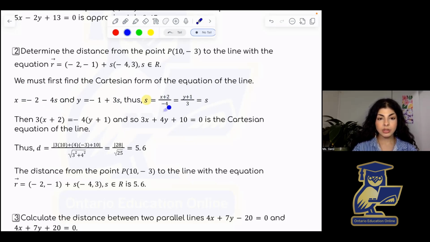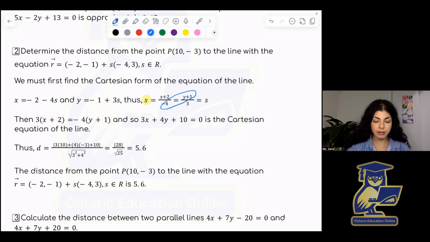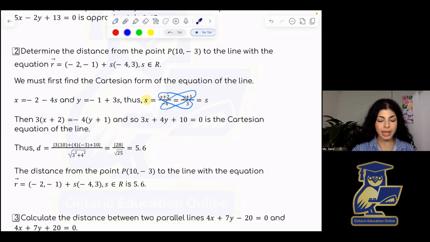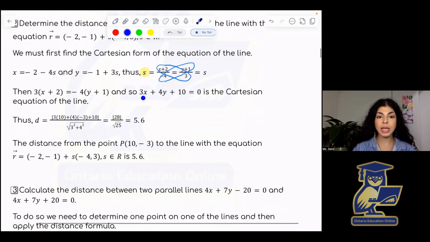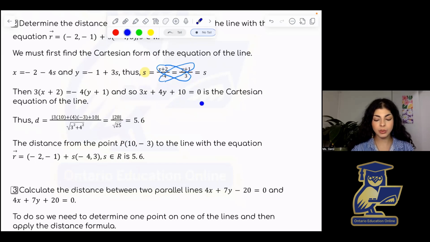Now, this is just cross multiplication, the butterfly method, different names for it. If I multiply these two, then I end up with 3 times (x plus 2) is equal to -4 times (y plus 1). And if you distribute and rearrange this to get the Cartesian form, you will end up with 3x plus 4y plus 10 is equal to 0.